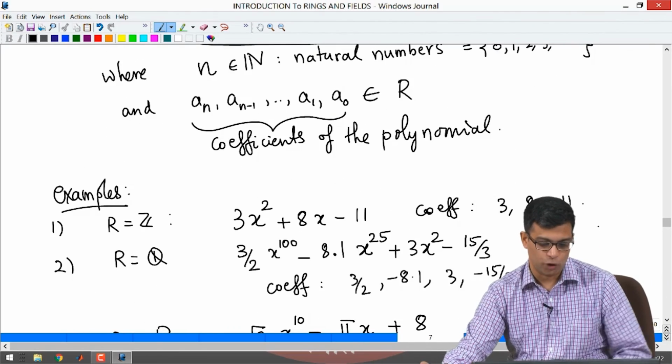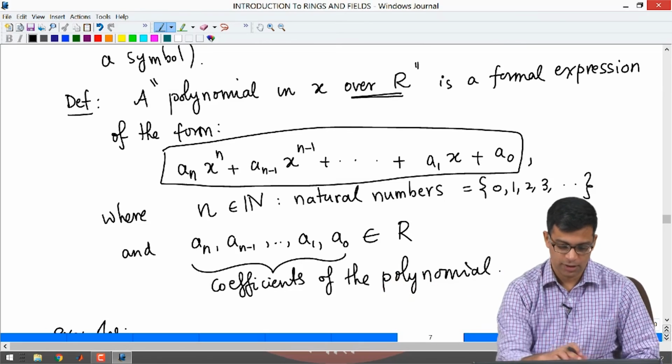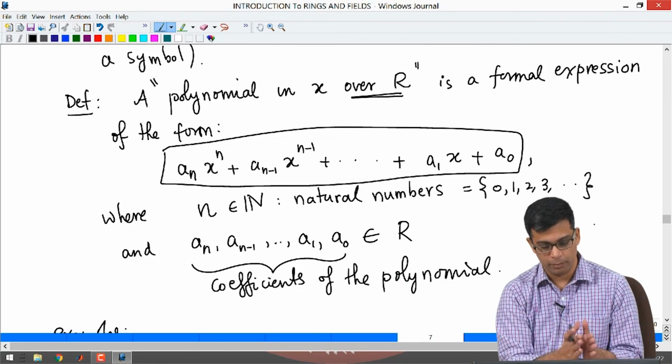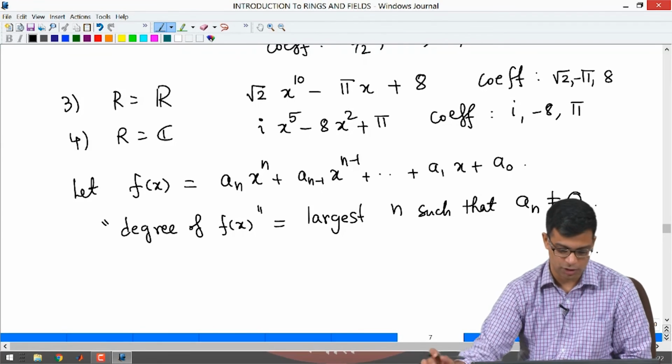Remember, by definition a polynomial is a finite sum like this, you cannot keep forever adding things. So, there must be a largest n beyond which they are all 0. So, the largest n such that a n is non-zero is called the degree.